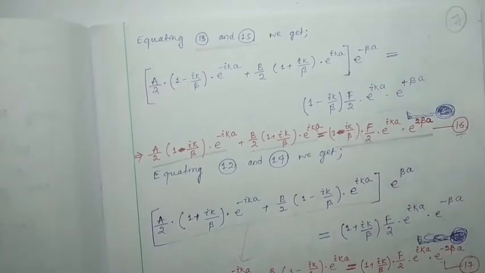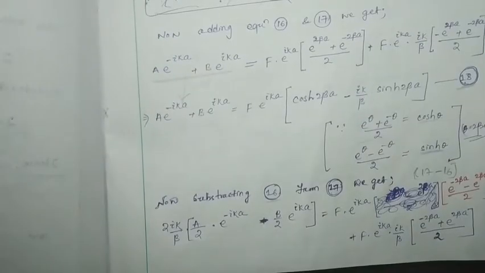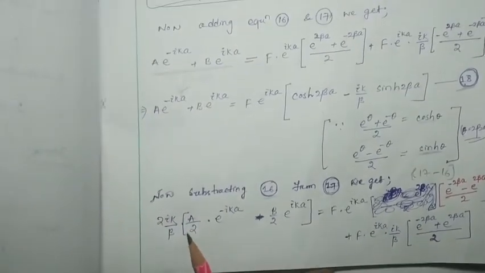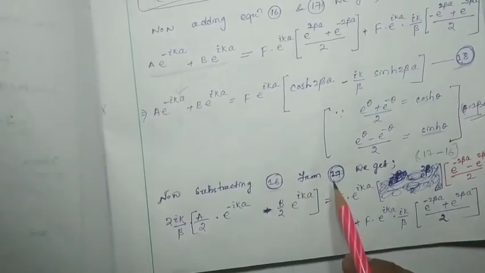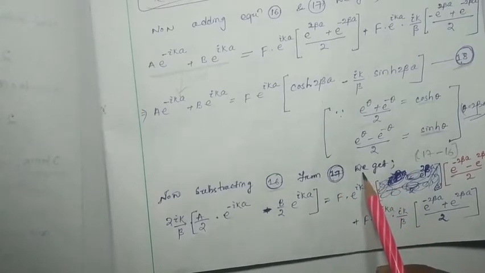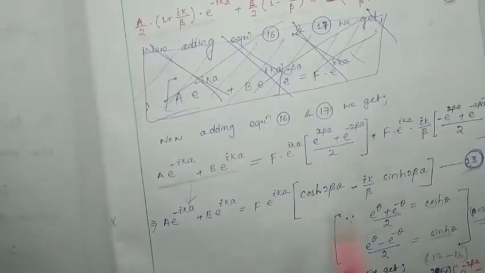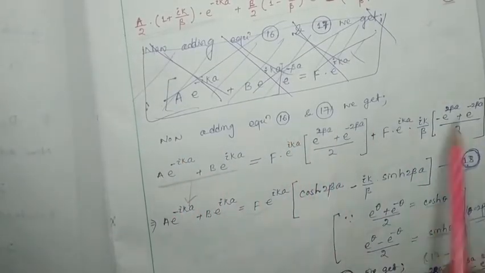Okay, so what we got after subtracting equation 16 from 17, I told you that you have to do these things by yourself. By adding this and this we got this one.